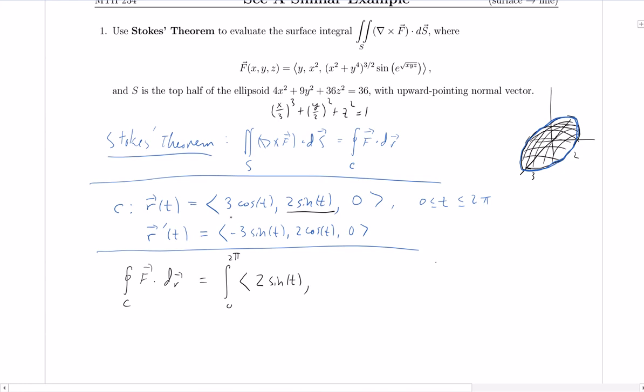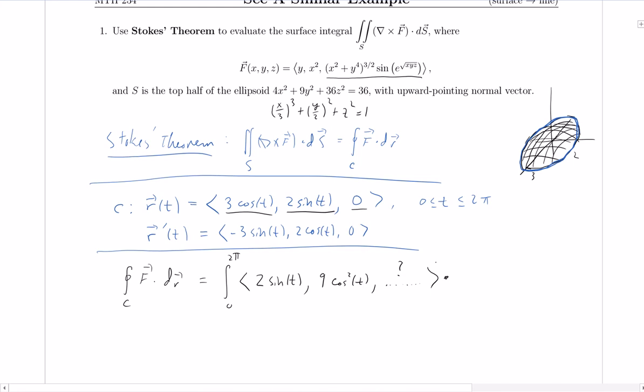And for x squared, we use (3 cosine t) squared, so 9 cosine squared of t. And the z component is this big ugly mess, where we're supposed to plug in all of our components from r into x, y, and z. But I'm just going to leave it alone for a second, and you'll see why.